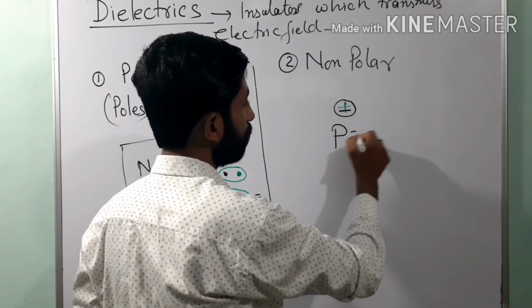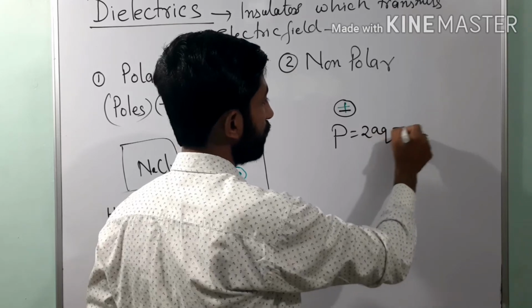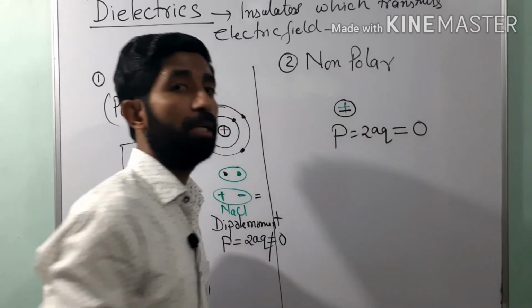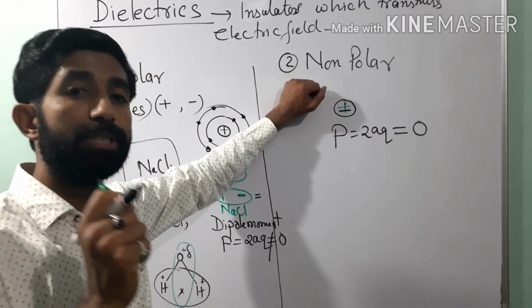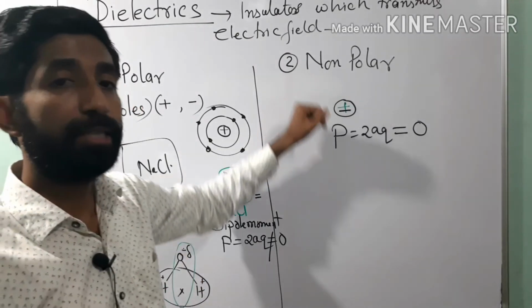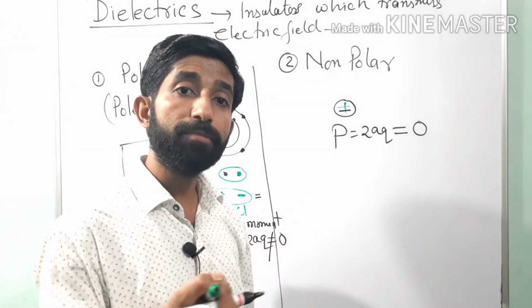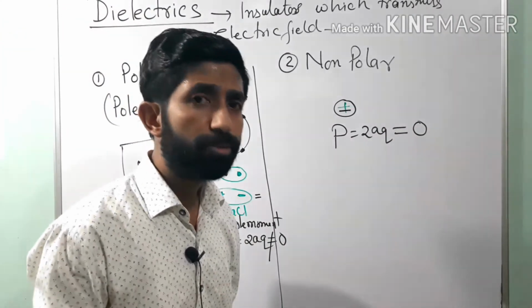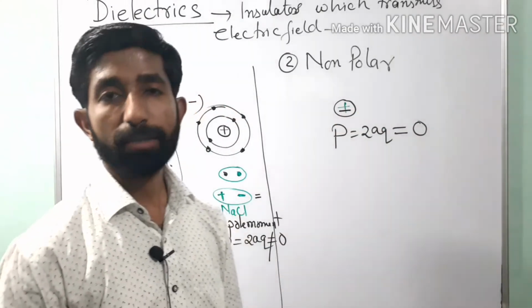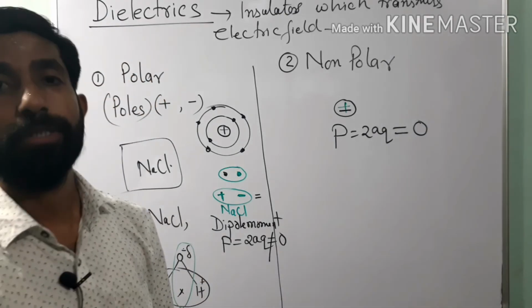So their dipole moment is completely zero. If the centers of negative and positive charges coincide, then those molecules have no permanent electric dipole moment of their own in any situation. So those molecules are called non-polar molecules.